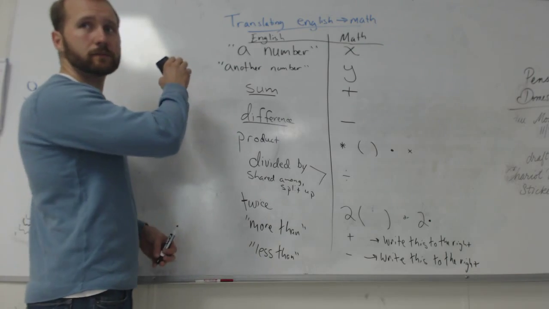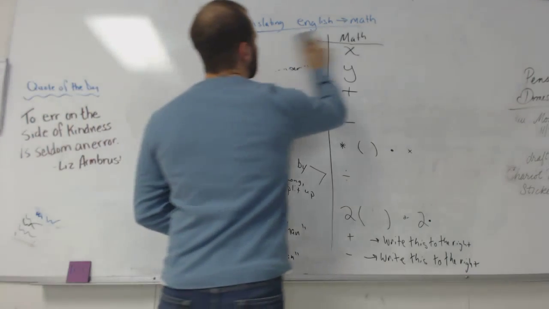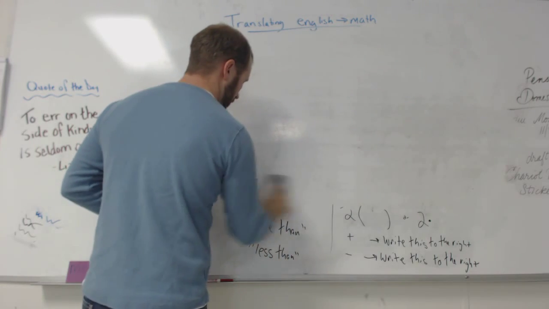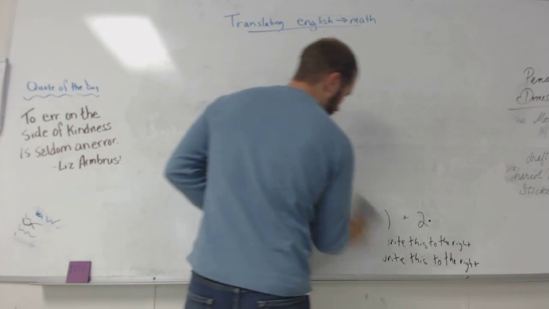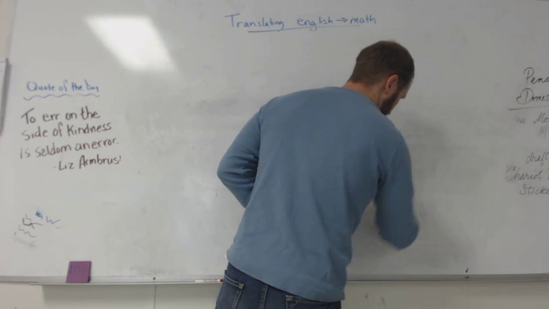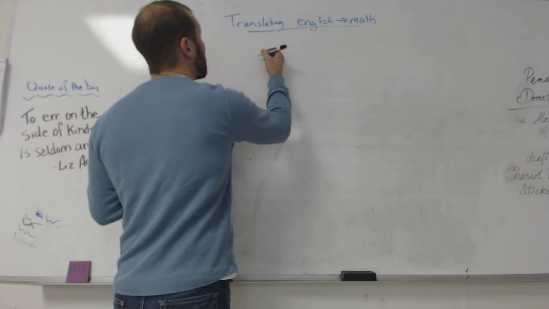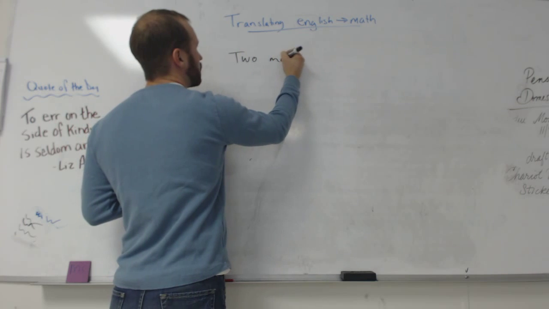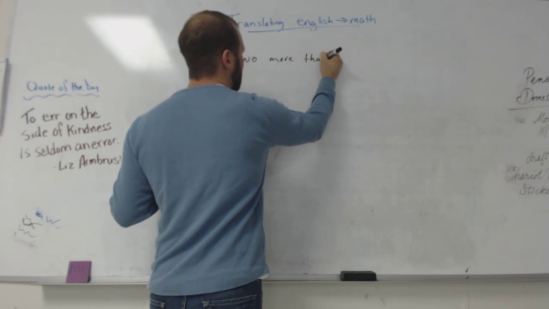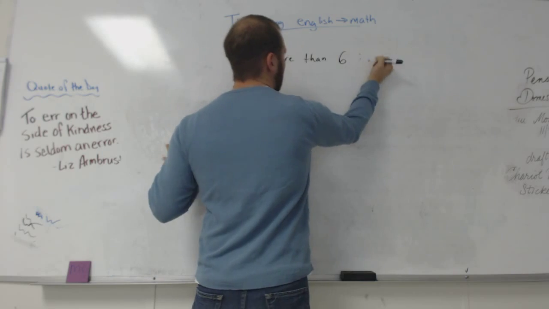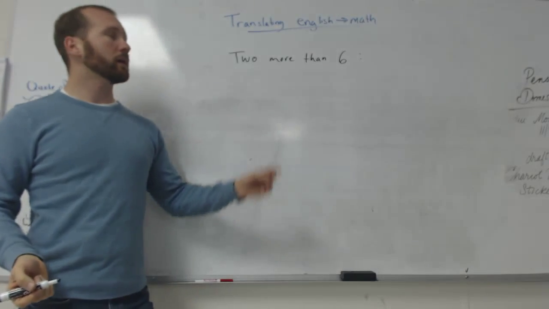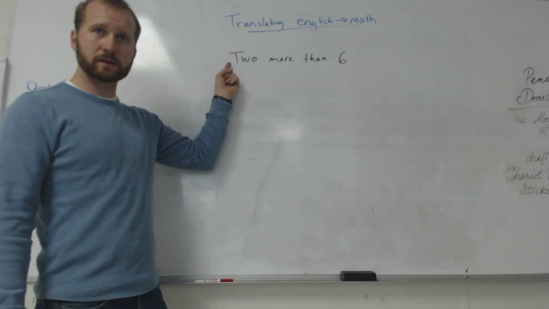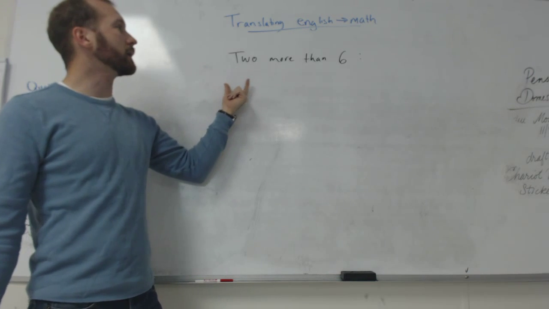Can I erase these? Let's say we had a sentence that said, 2 more than 6. How would we write that in math? The key here is we're going to start at the beginning of the sentence and just go one chunk at a time.